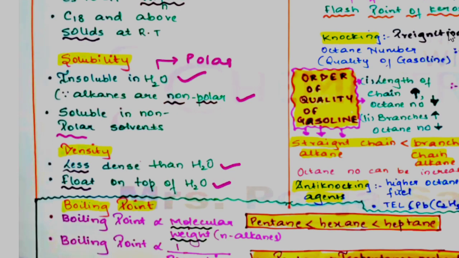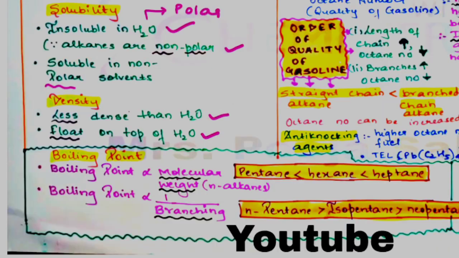The next point is boiling point. The boiling point of alkanes is directly proportional to molecular weight for n-alkanes, and inversely proportional to branching. Now, what could be the reason? Remember, van der Waals force is directly proportional to molecular weight, and also directly proportional to surface area.